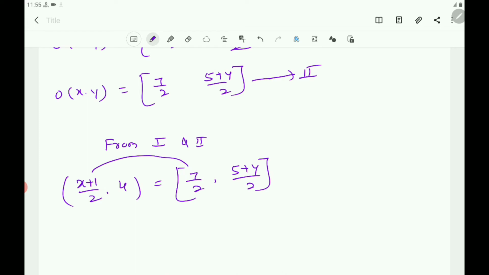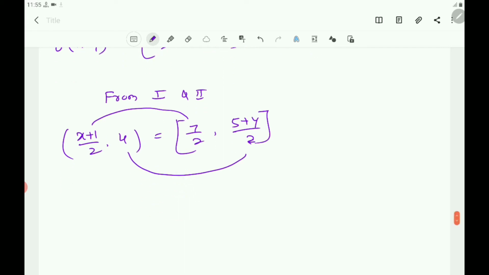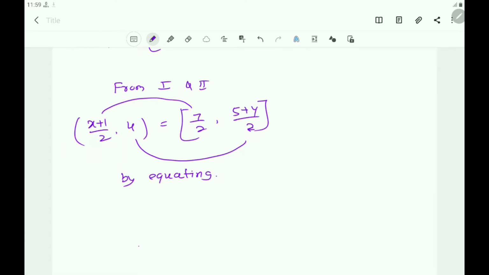Then the value of (x plus 1) by 2 is 7 by 2, and the value of (5 plus y) by 2 is 4. Equate them: (x plus 1) by 2 equals 7 by 2 and (5 plus y) by 2 equals 4.